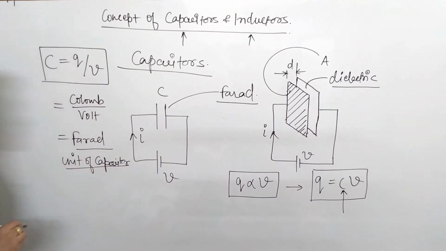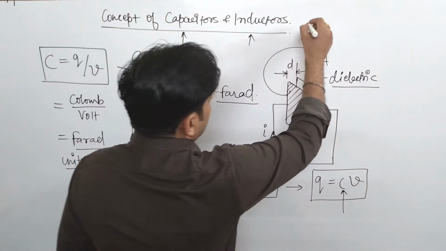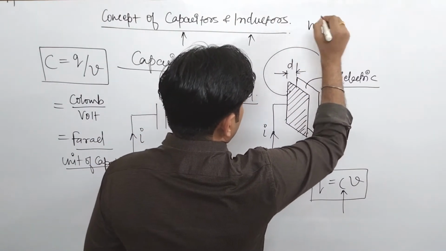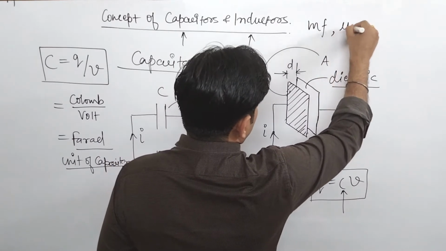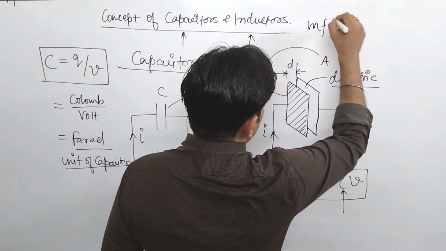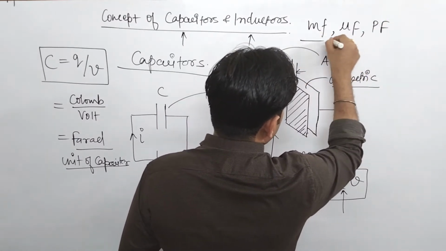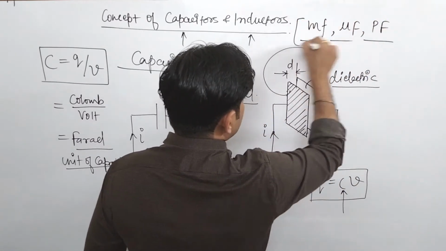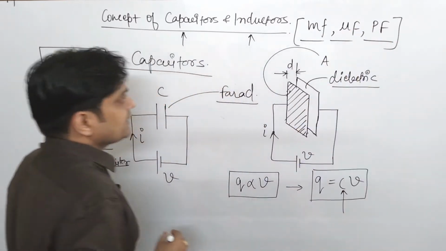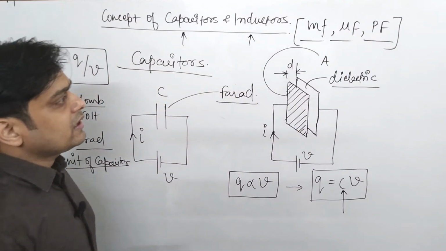Farad is a big unit of capacitor. We always talk about millifarad, microfarad, or picofarad.